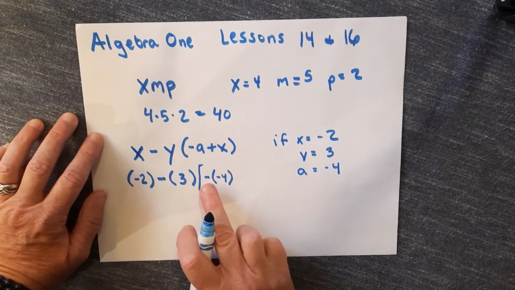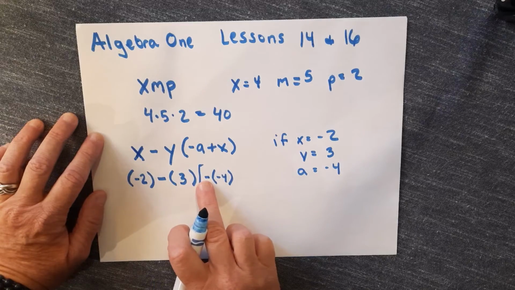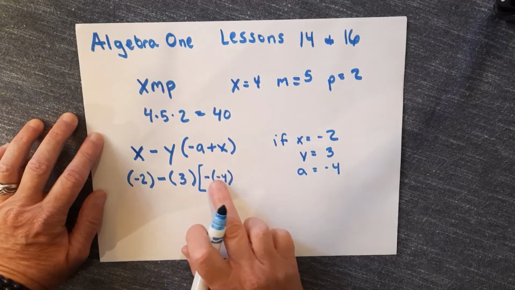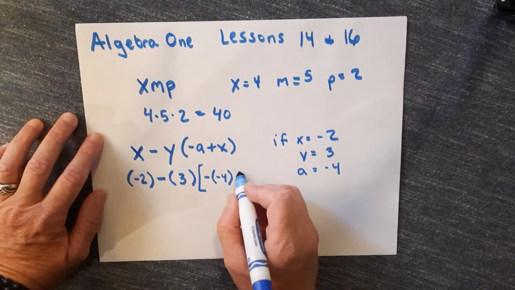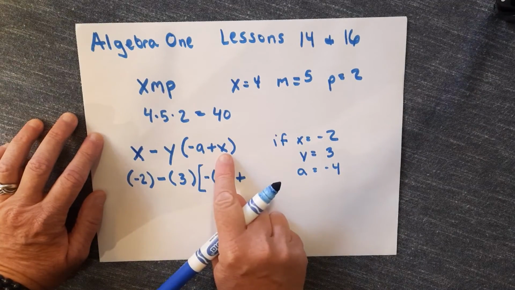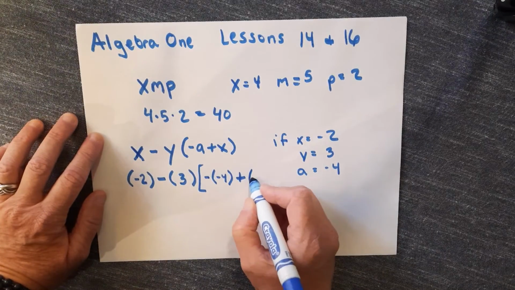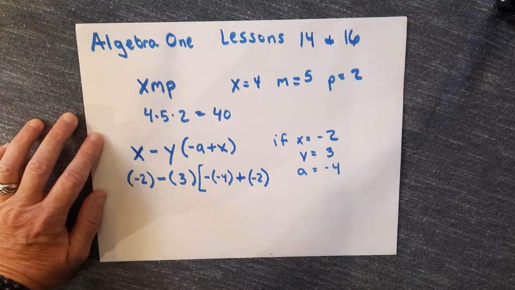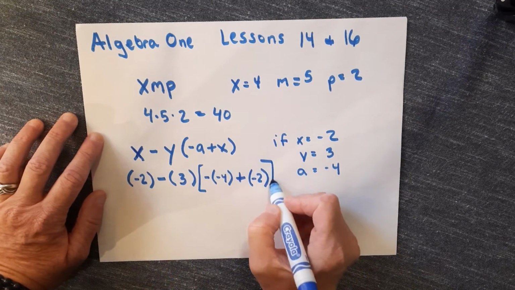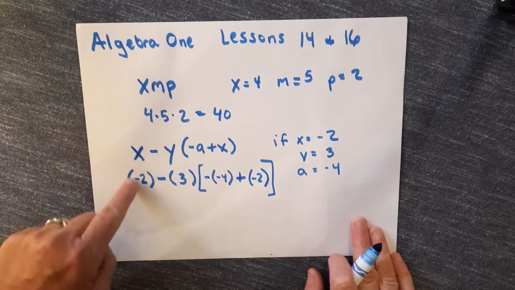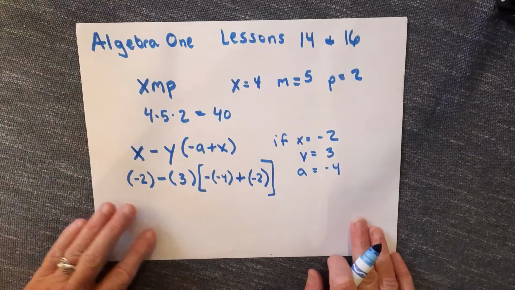That's going to make sure that we protect this sign, that we carry it down here, and that the a keeps its negative sign together. Now we have a plus sign, and now we have x. X equals negative 2. So we're going to replace that x with parentheses and put the negative 2 inside of it. And then we need to close this bracket. So by transferring our variables and making sure that we put parentheses, we've now kept everything straight.